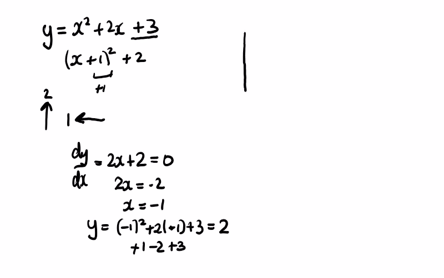So if I ask you to do a sketch, this is what I would expect. Really quickly, there's minus 1, 1, 2, 3. Minus 1, 2 is the minimum point, which will be there. It goes through the y-axis at 3, so it's coming down like this.